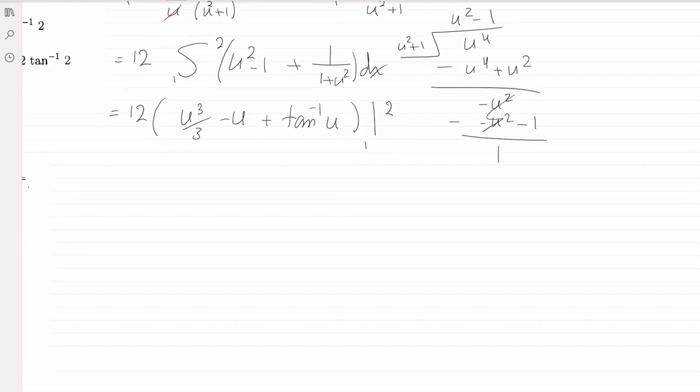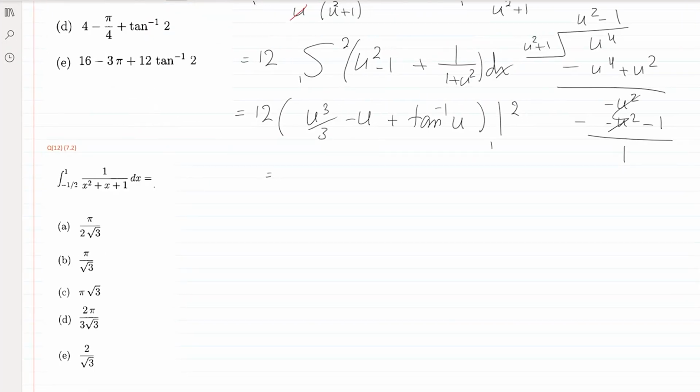Now it becomes 12 times 8 over 3 minus 2 plus tan inverse of 2, minus the substitution of 1: 1 over 3 minus 1 plus tan inverse of 1, which is pi over 4, right?